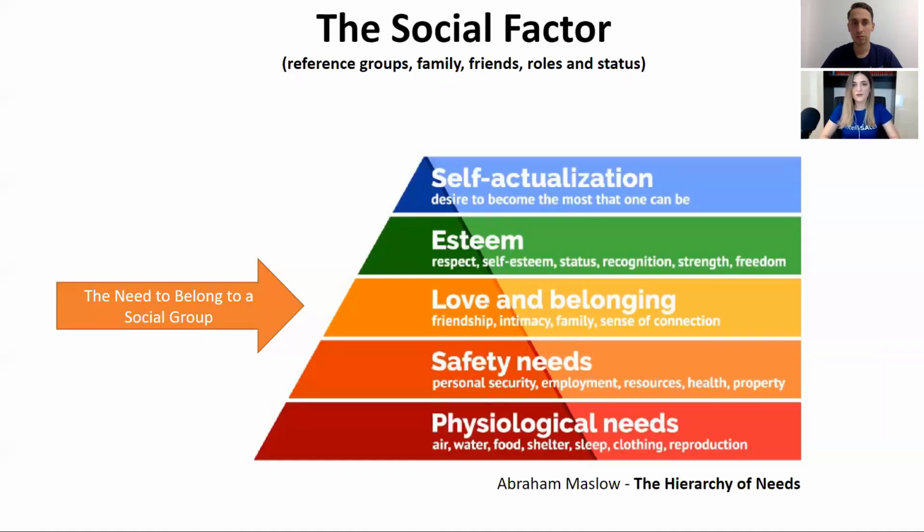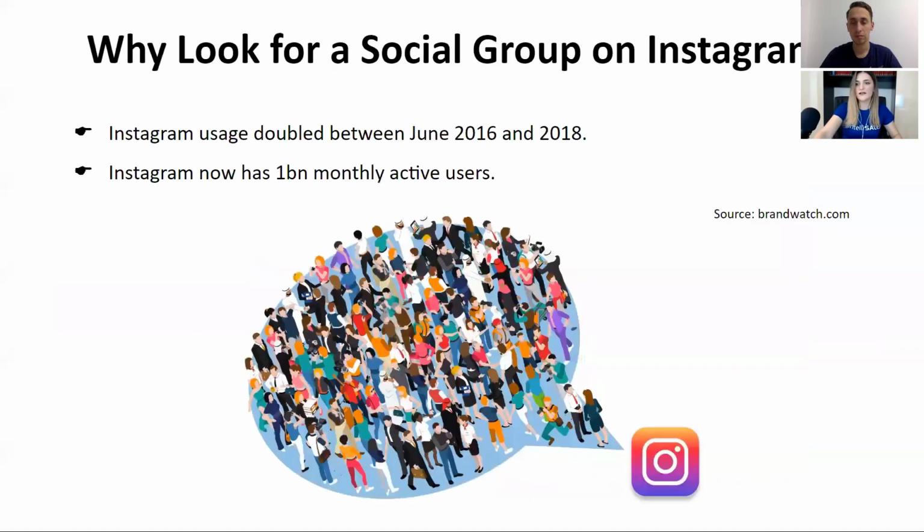That's a huge amount of time per day, so why not contact them on Instagram? We realized that Instagram is more powerful than Facebook or Twitter, because between 2016 and 2018 it doubled its number of active users, and now it has more than 1 billion active users per month. That's a huge number.